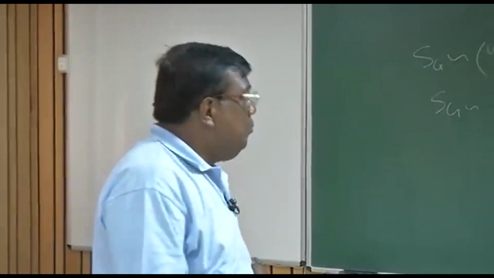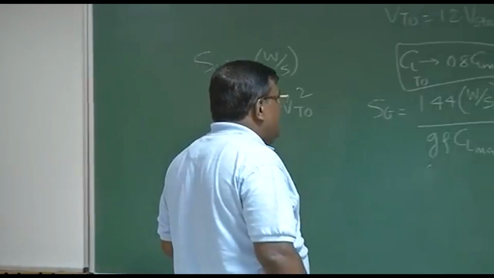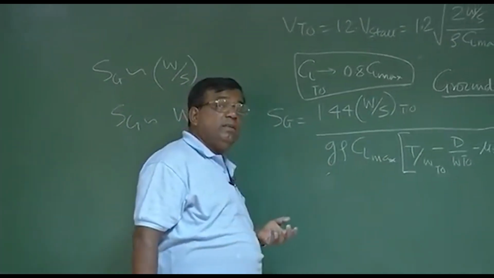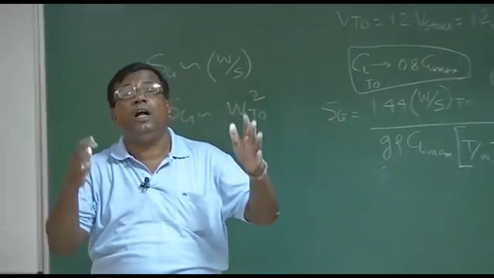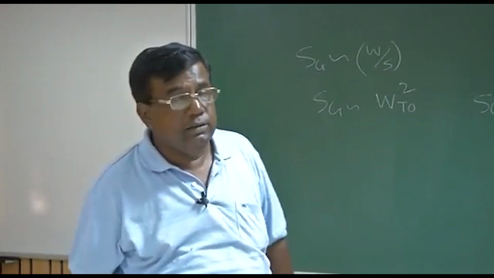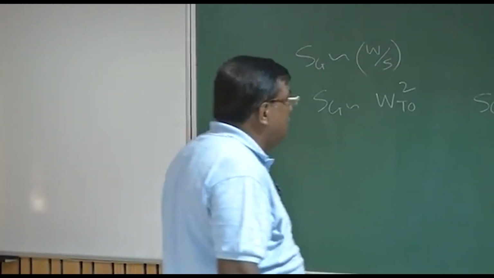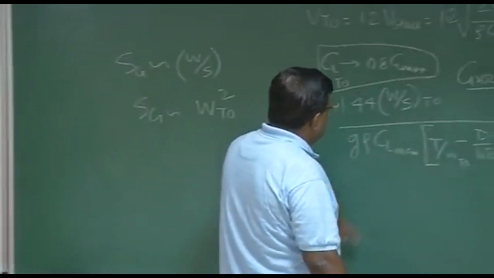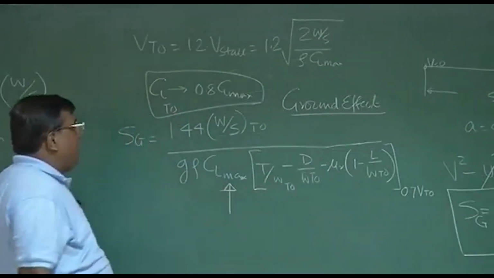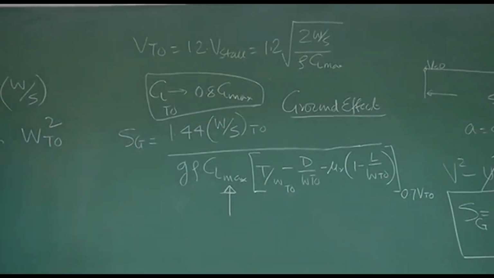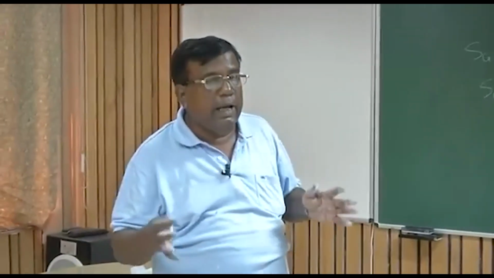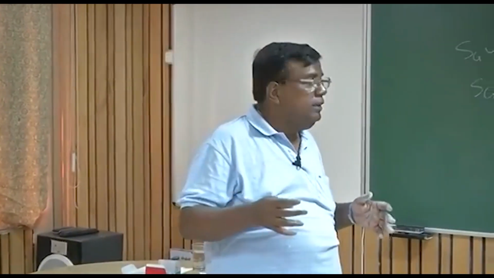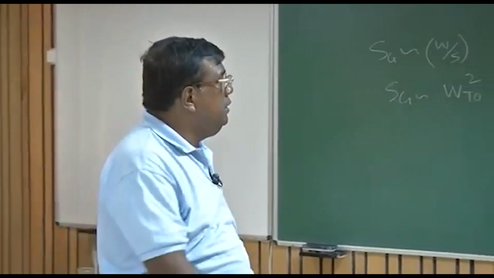Okay? But as a designer, you cannot keep quiet. You have to handle this situation. Larger aircraft, but not so large takeoff distance or ground roll distance. Loosely, what is the option? Option is to increase CL max, use all high-tech innovative flaps, let the drag increase, we'll handle it, but let CL max increase.